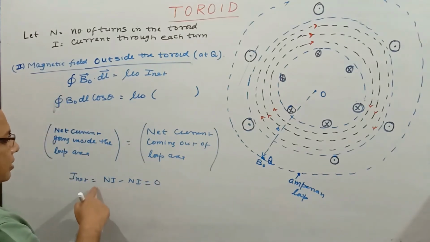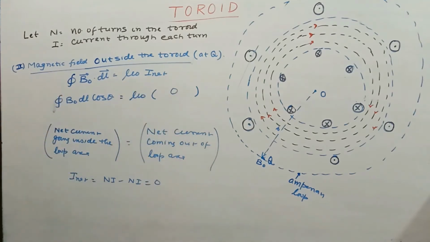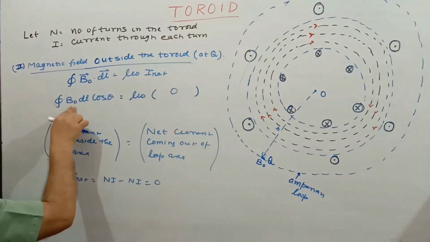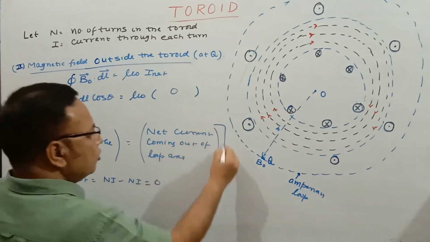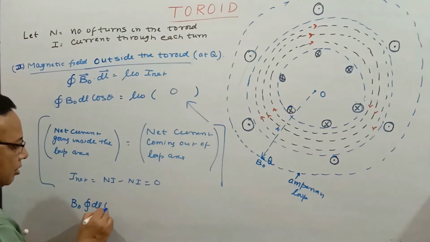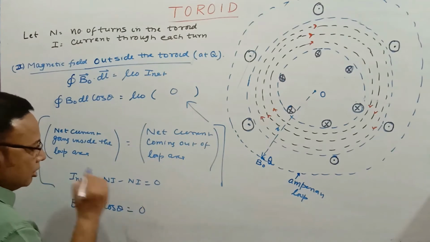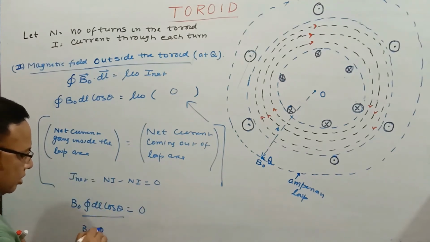In this case, this value is going to be substituted here, and whatever the value of B0, that should be constant, so we take it out. Here B0 integral dl cos theta is equal to 0, and so B0 is always 0.